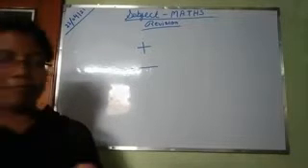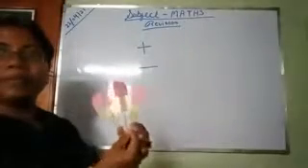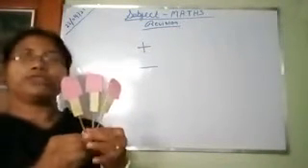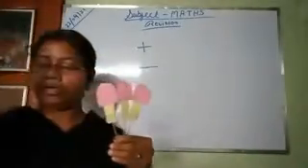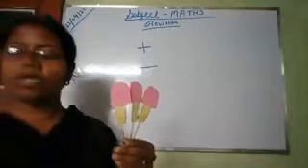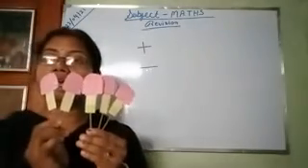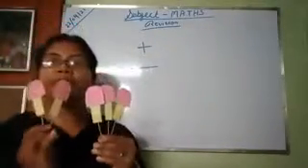Suppose I have made ice cream. I have 3 ice creams: 1, 2, 3. Someone gives me 2 more. So in total how many ice creams are there? 1, 2, 3, 4, 5.